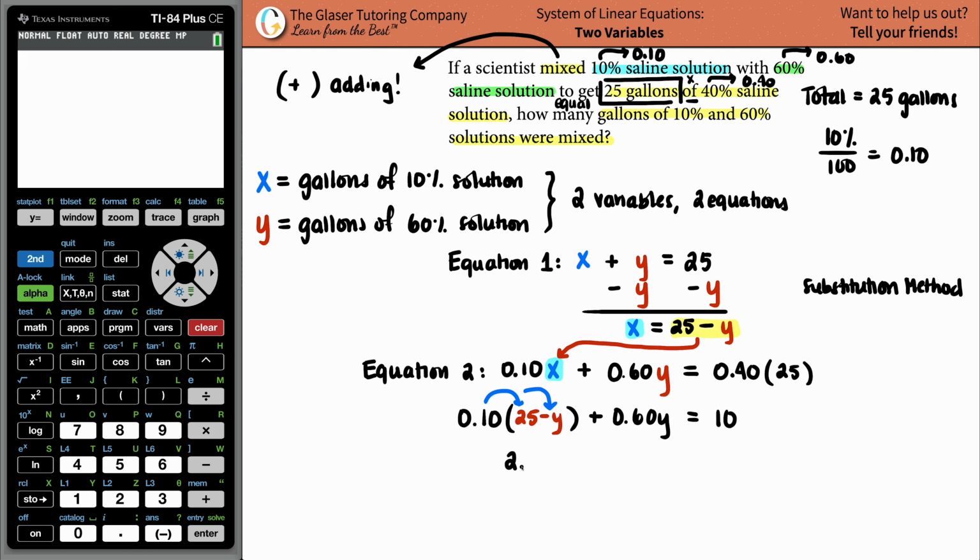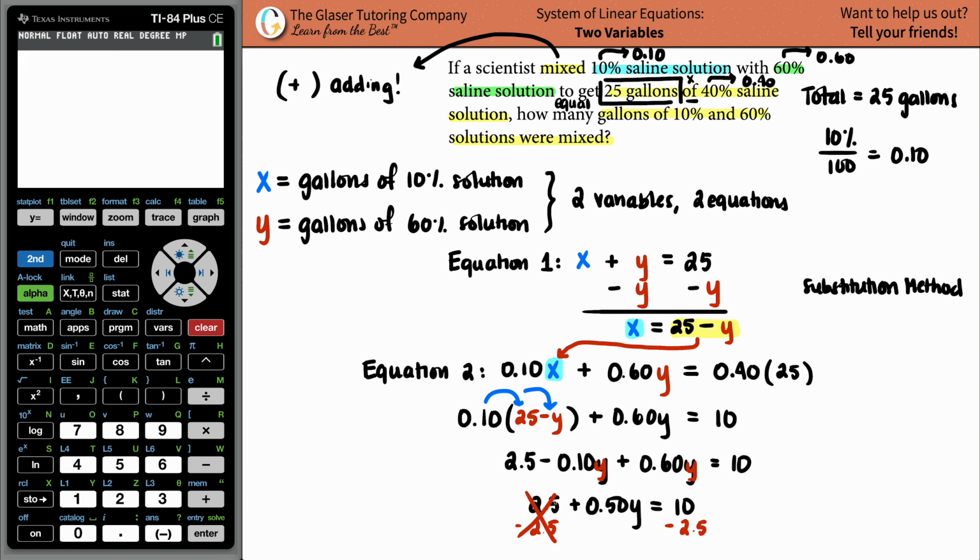So this would be 2.5 minus 0.10y plus 0.60y equals 10. Let's combine those y values. So this would be 2.5 plus 0.50y equals 10. Let's move the 2.5 on over.